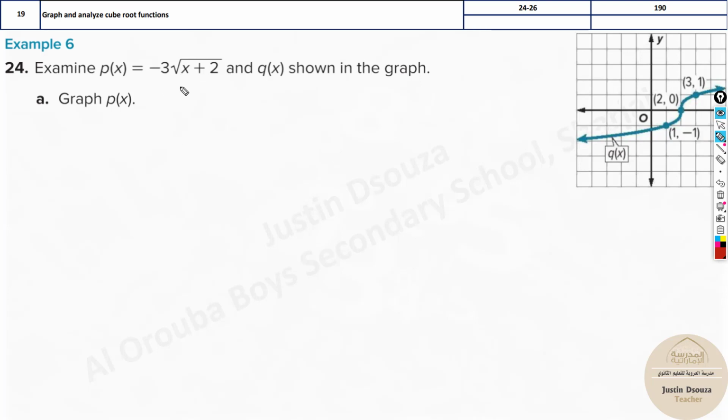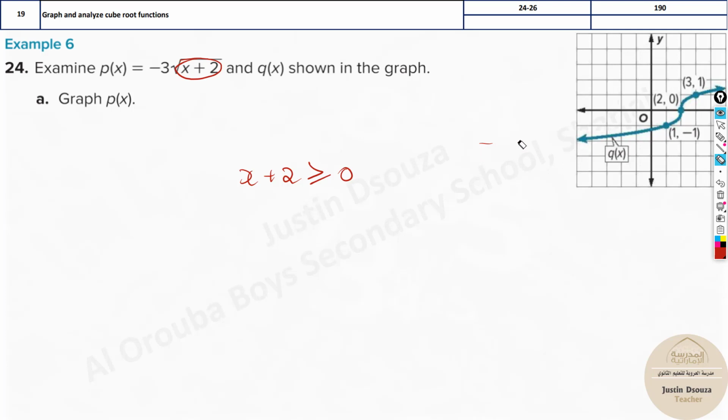But how would you start? The first is the starting point, because square root has a particular domain. It's not all x values. Now you must look at what is inside the square root. X plus 2 must always be greater than or equal to 0. It's not only x plus 2 greater than 0, that's wrong. It must be greater than or equal to, because in square root even this value is included.